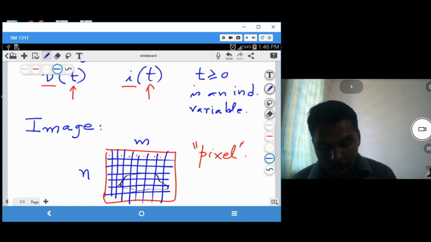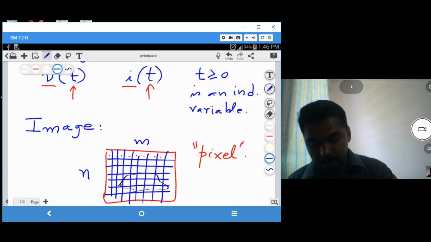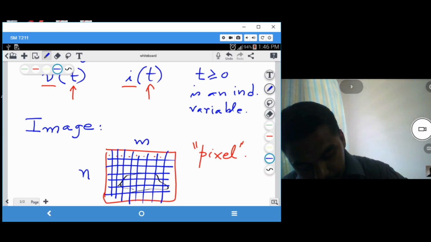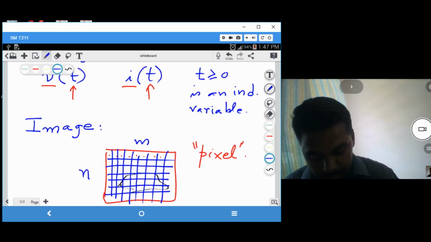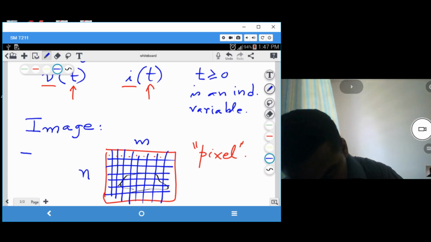Now how do I represent the intensity of each pixel? The intensity of each pixel can be written as I of xy.